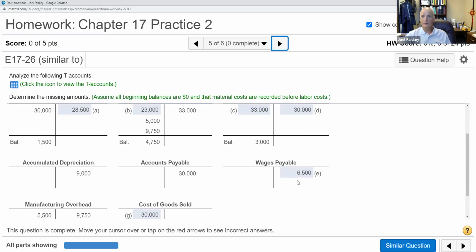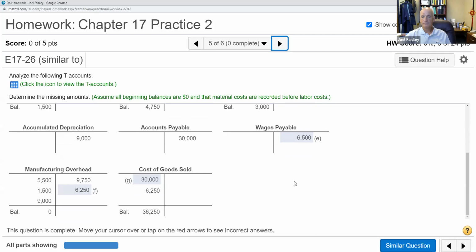Wages payable. How do we get 6,500? Well, let's see. Our overhead is 5,500, 1,500, and 9,000. So that's direct. That's probably material related, maybe labor.